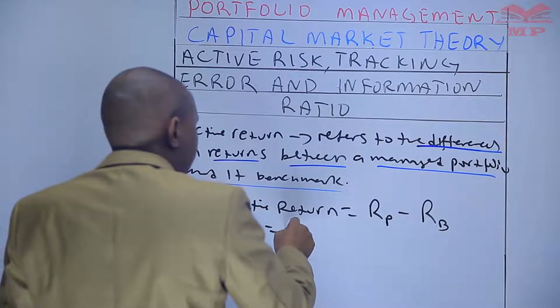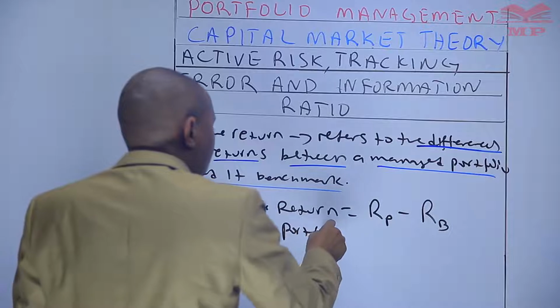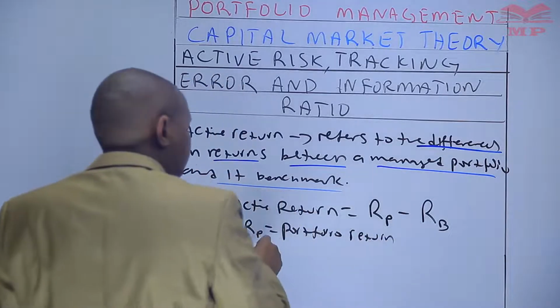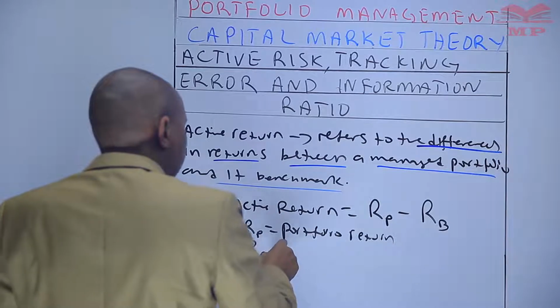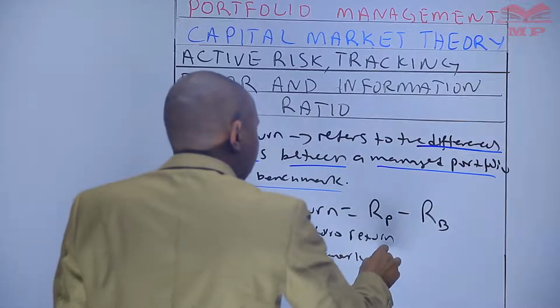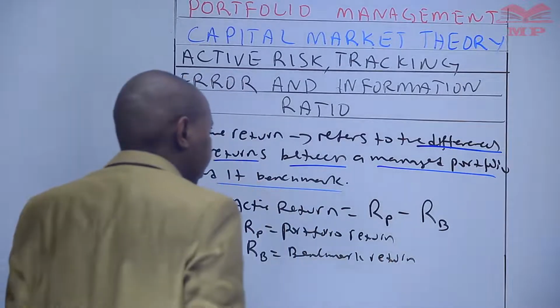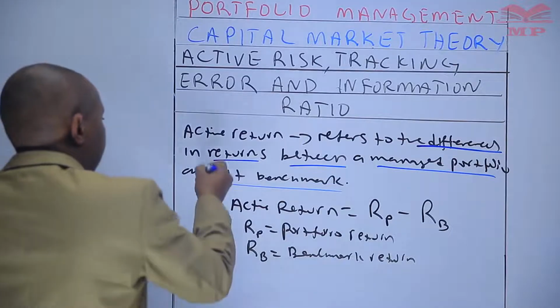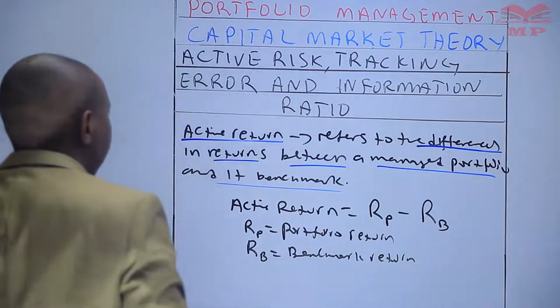RP, portfolio return, RB, benchmark return. So that is it, active return.